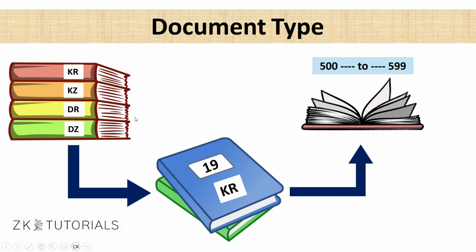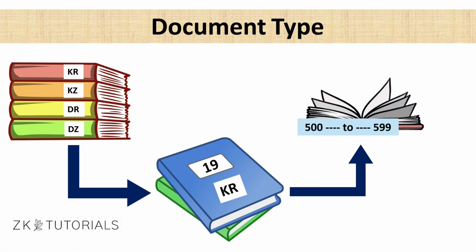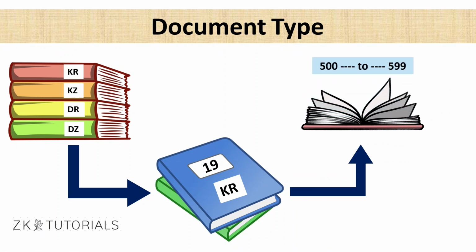These are the standard settings. KR, KZ, DR, DZ, and 19 is for KR. So for each document type, there is a number range, a number for that book, that is 19. And for each number range, there will be number range intervals.